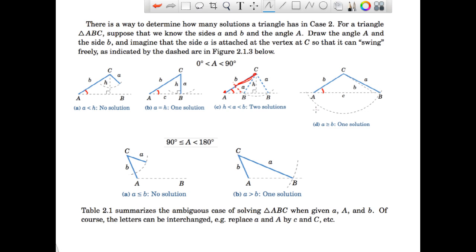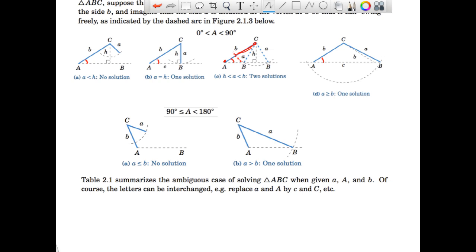Okay. We also have the case where we have an obtuse triangle, and in this case, if a and b are still given, so if a isn't large enough to swivel, then you won't get any solution. So we've seen this before.